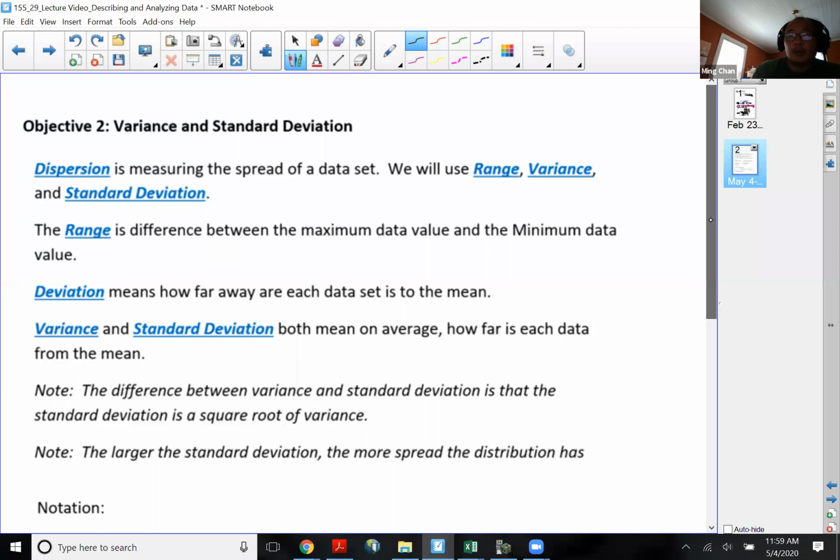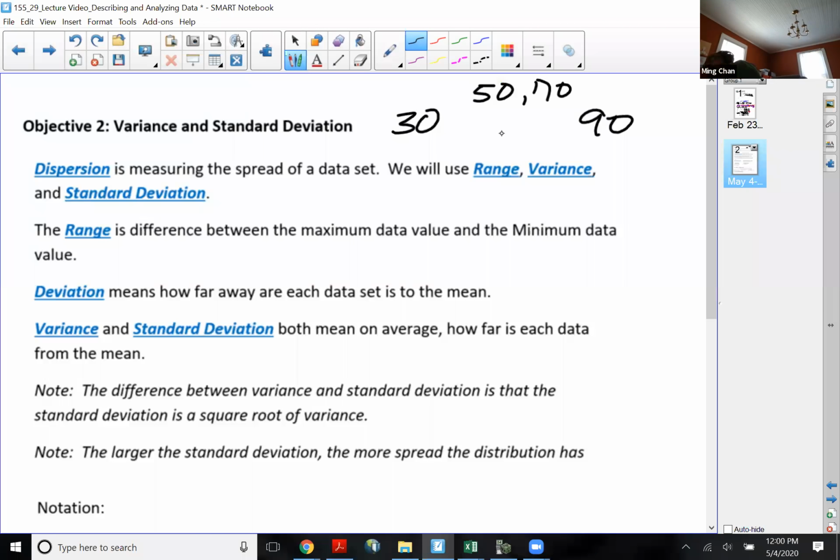Which one do you think I would rather have? In a class, would I rather have one student make 30 and everybody else make a 90? Or would I rather have a lot of students making 50s and a lot of students making 70s?